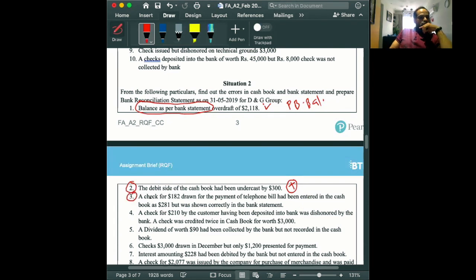It says that a check for $182 drawn for the payment of a telephone bill had been entered in the cash book as $281 but was shown correctly in the bank statement. It's supposed to be 182, but it was recorded as 281.